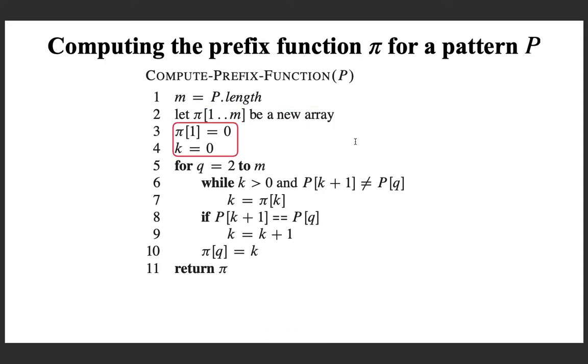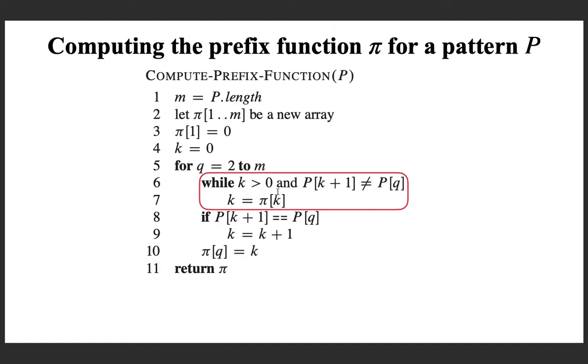And if you recall, the initialization was that the length of the matched prefix is 0 to start with, and if you are looking at the first symbol, the proper prefix must be of length 0. This is the initialization. And after that we said we have to find the values of pi q for all q from 2 to m, and in the algorithm we are just writing whatever we observed.